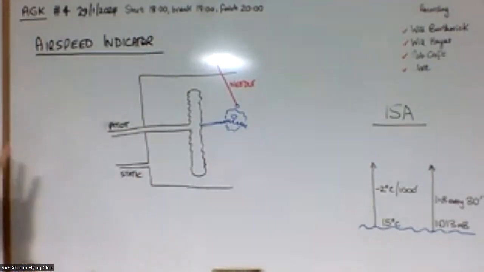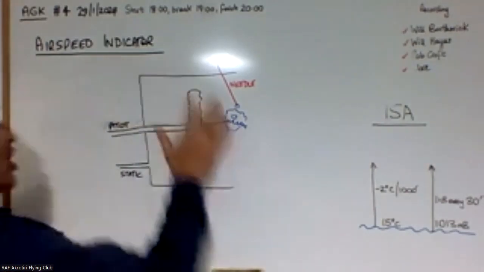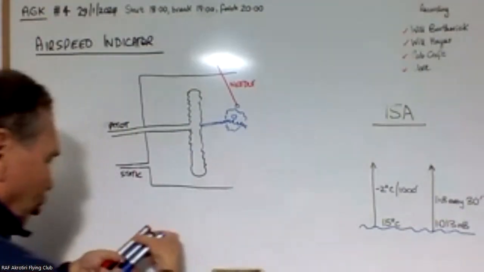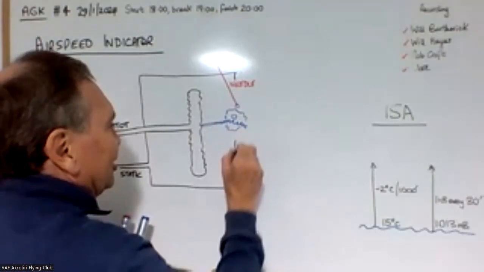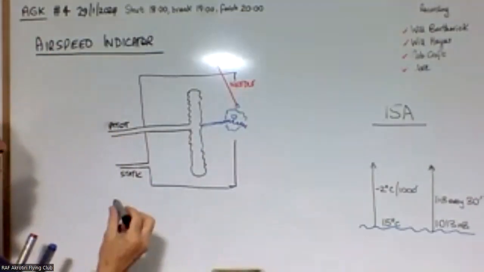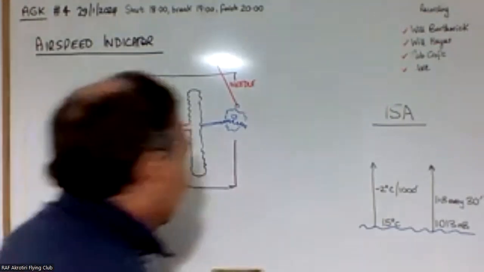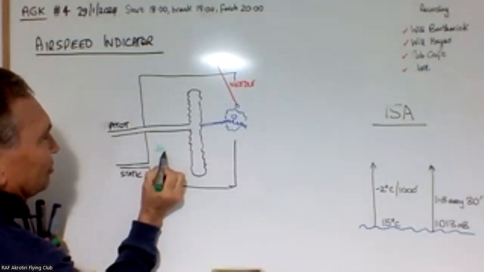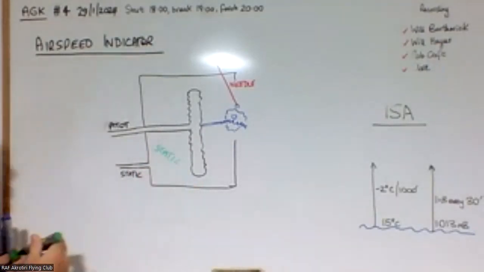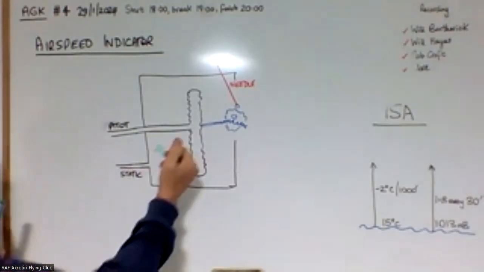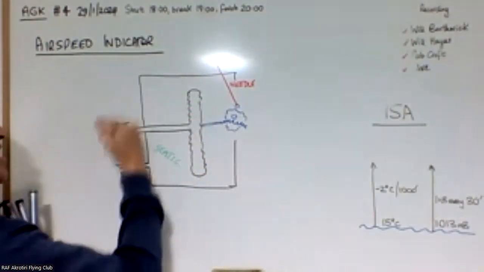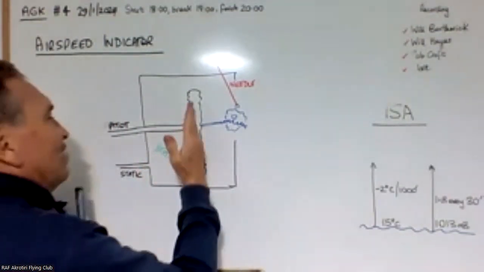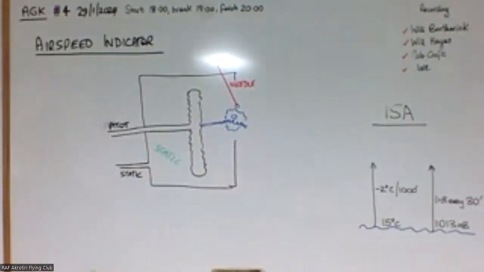But the significant thing, you can probably see that we've done quite a clever trick here in that what we actually have inside the case is the static pressure, and because here we've got the pitot pressure, which is static and dynamic, essentially what we're doing is we're just cleverly reading the dynamic pressure.